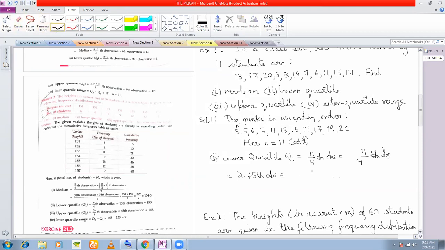So your first, second, third. So this is your 6. So the lower quartile is 6.